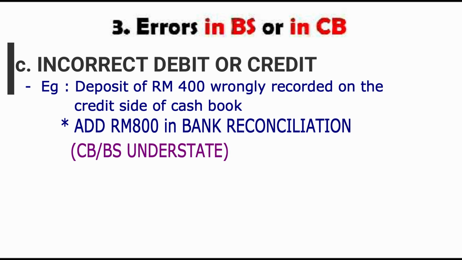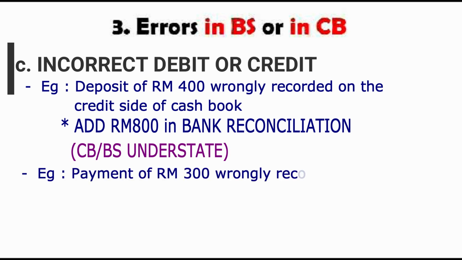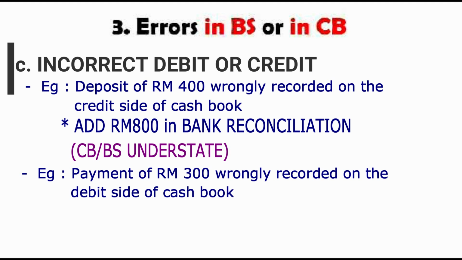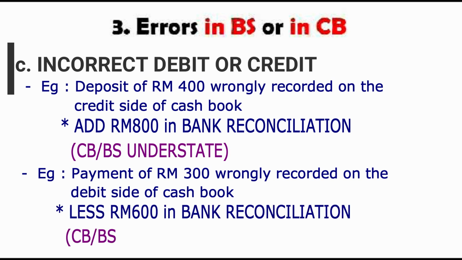Good. How about a payment of 300 ringgit wrongly recorded on the debit side of cash book? What do you have to do? Good. You need to less 600 ringgit in bank reconciliation.